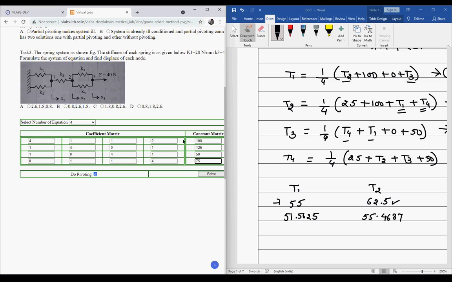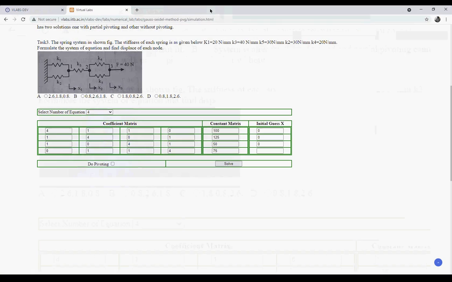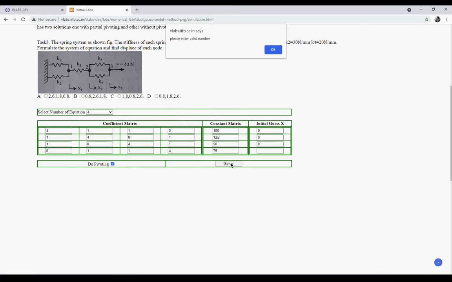So this is what my equations are. So it is already pivoted. So I just uncheck it and solve it. What is the problem now? Initial guess is the problem. Please enter valid number.